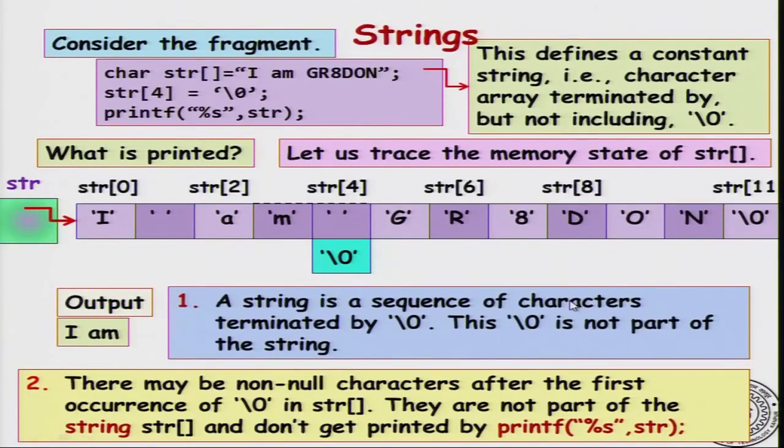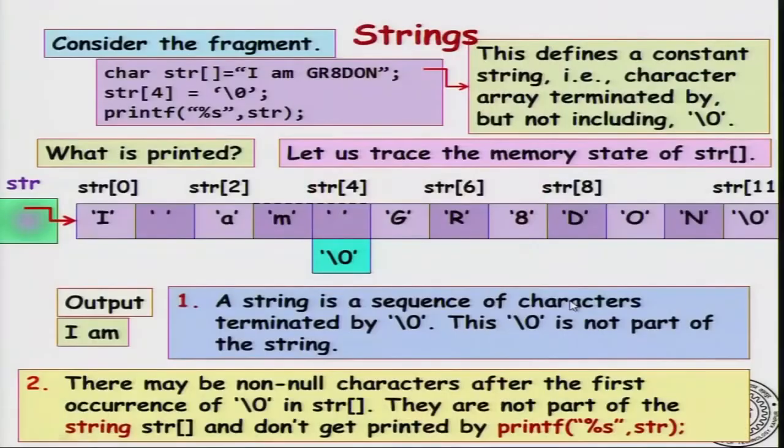They are part of the character array, but when you look at str as a string, it is just till the first null character. So, when you print it using %s, only the part until the first null is printed. That is considered the string; the character array is bigger. So, it will just print "I am" and stop there.